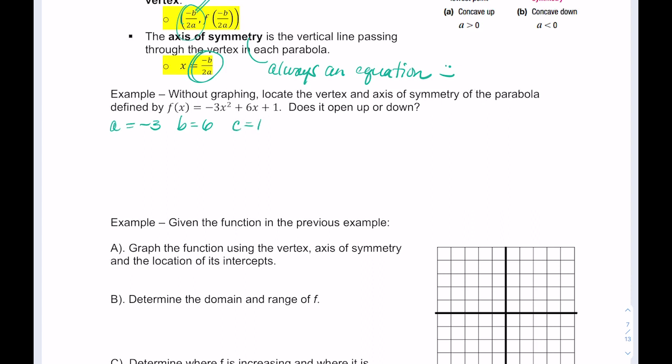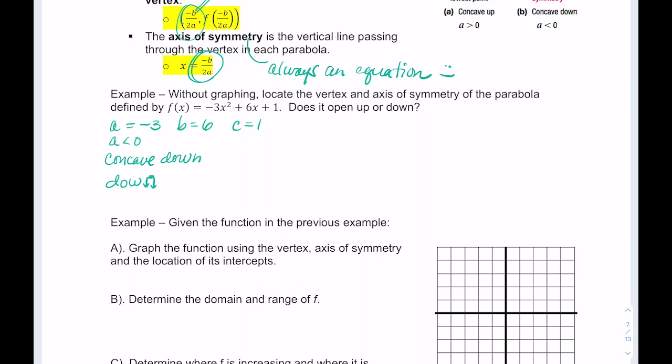And since a is less than 0, it's negative, our graph is going to be concave down. Okay, an easy way to remember it, if you spell the word down like this, okay, that's concave down. The vertex will be up here as a maximum.